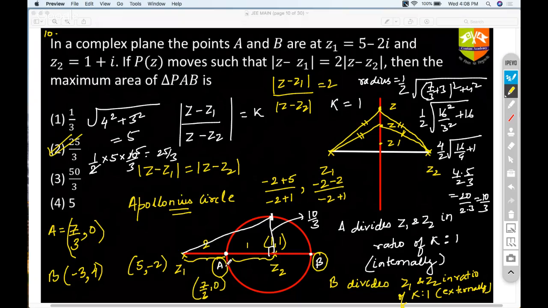So the moment I know this concept, I could actually find out the points A and B, and thereafter you can get the radius by halving the distance between A and B. And for the area of this triangle to be maximum, since the base is fixed, its height has to be maximum, and height can at the max be the radius of this Apollonius circle, and therefore the result. Right? So good learning in case you were not aware of this.